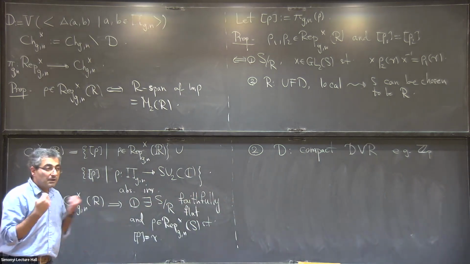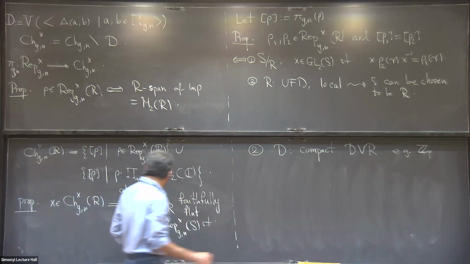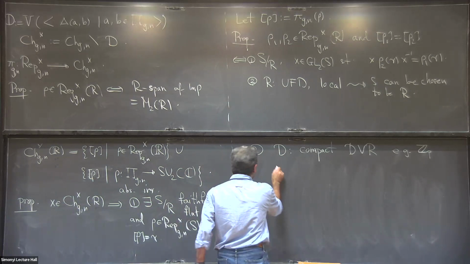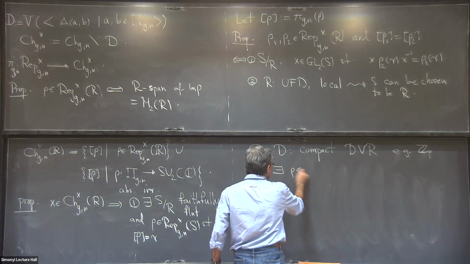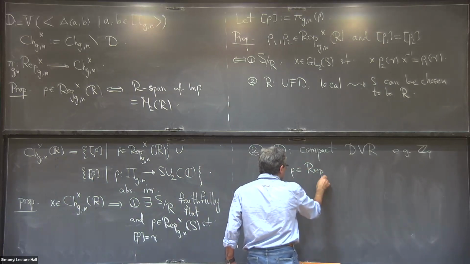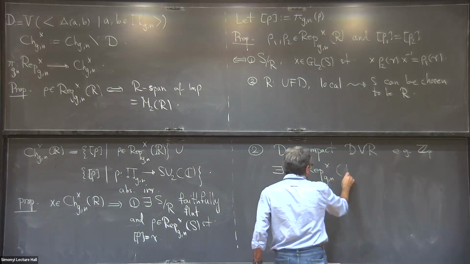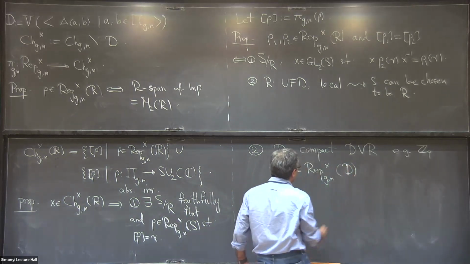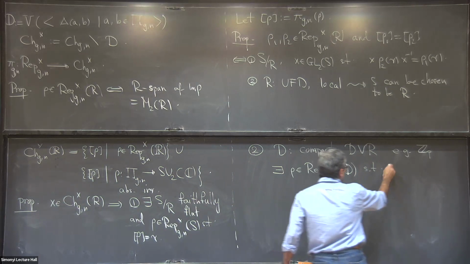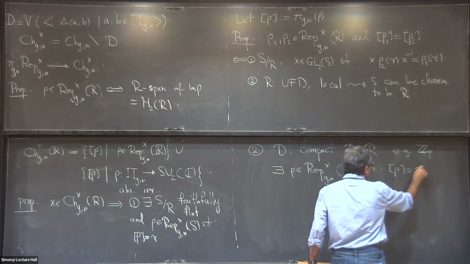Then you can already realize it within D. So then there exists a representation to SL2(D) such that this goes to X.